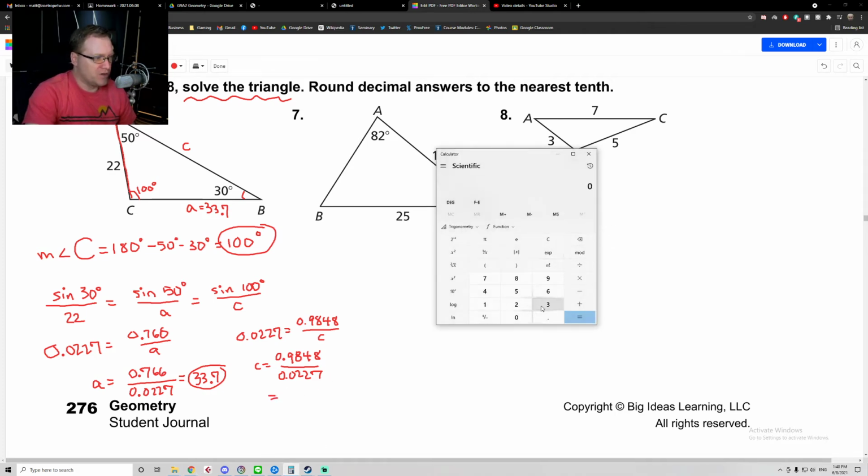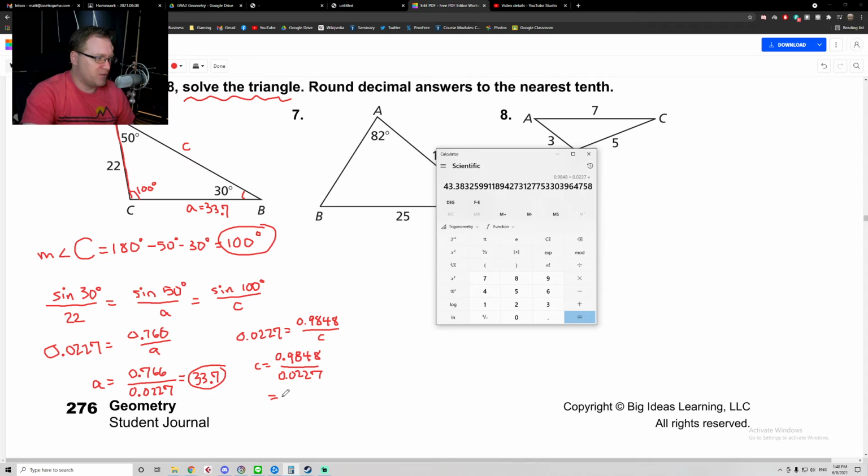Putting that into a calculator, 0.9848 divided by 0.0227 equals 43.38. Now we're going to round to tenths, so 8 is greater than or equal to 5, and we raise this to 4.